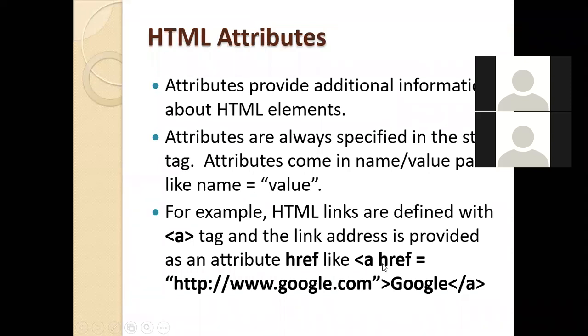It is followed by href, the hyperlink reference, then equals to the value. This means whenever you click on the text Google, it will go to this link, that is, google.com. For other tags also, you can write additional attributes.